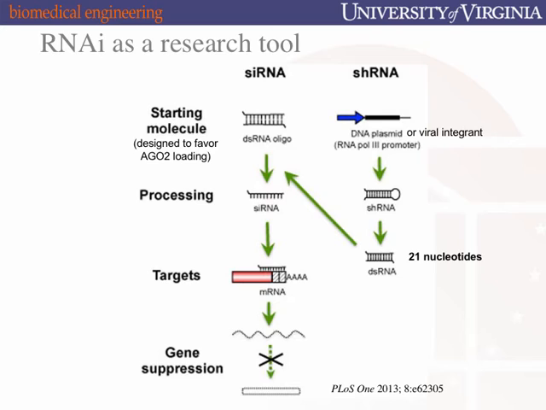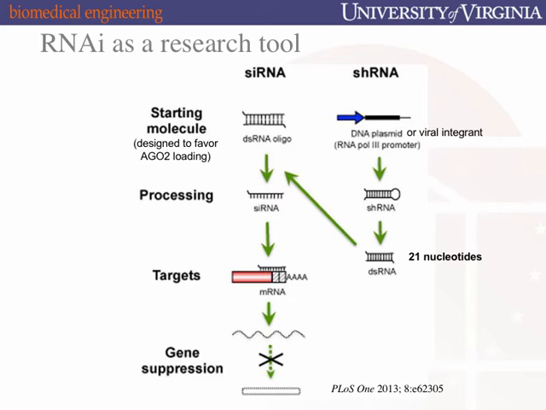You just synthesize it in the lab, anneal the two together, and then introduce that double-stranded RNA inside cells. You keep it to within 21 nucleotides. If it's too long, you get interferon type of responses. The cell thinks it's a virus. But if it's short, it will get loaded into the Argonaute complex and then target genes. That's the way you can do it synthetically.